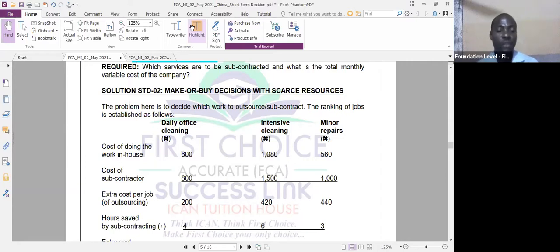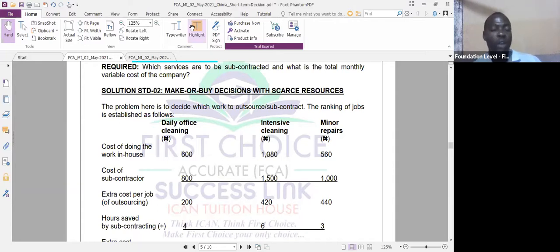The cost of doing the job in-house is the cost of manufacturing for that company. We are told in the question that it can spend 600 naira, 1,080, and 560 respectively on the three kinds of jobs listed here. Now, this is the cost of doing the job in-house.